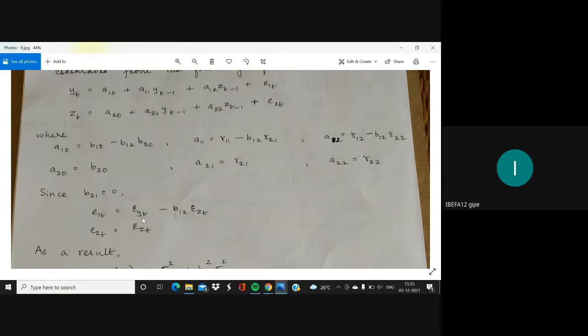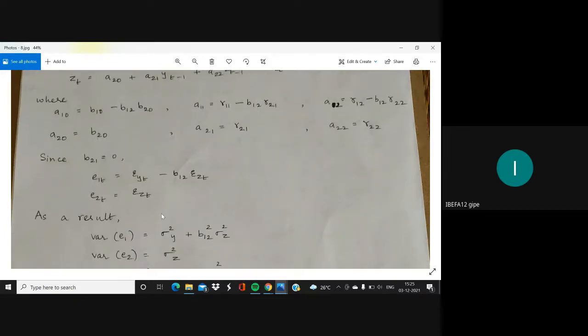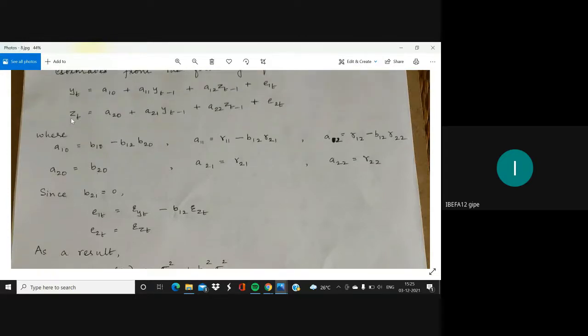So in your second equation here, which is zt, zt will simply be affected by only shocks to epsilon zt. It will not be affected by any shock to epsilon yt directly. Of course, epsilon yt will appear here in yt minus 1, but that is an indirect effect again.